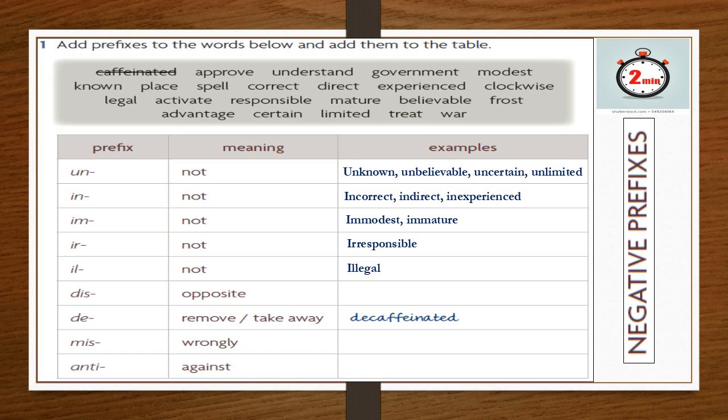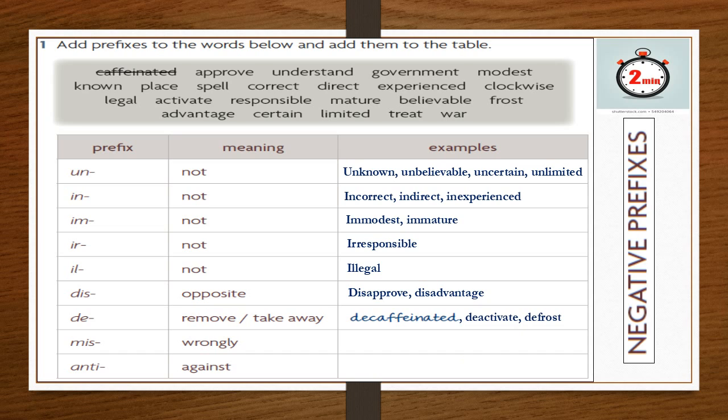The prefix ir: irresponsible. The prefix ill: illegal. The prefix dis means the opposite meaning: disapprove, disadvantage.